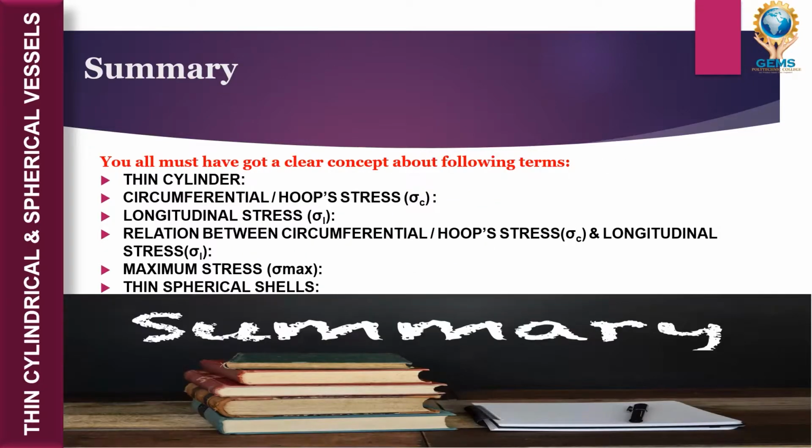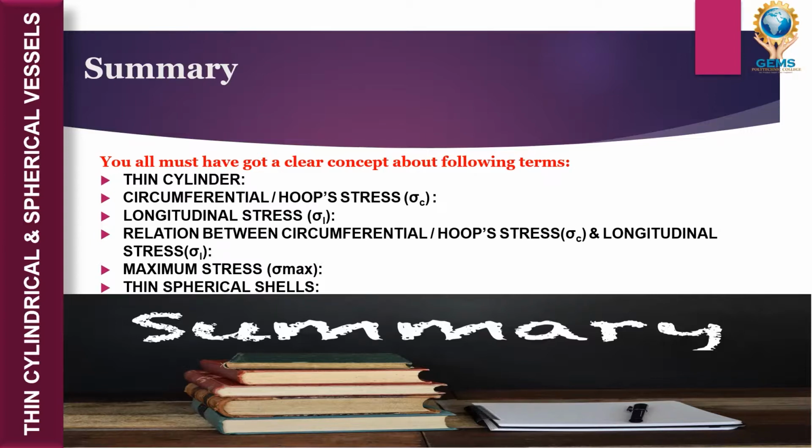Now we will see our summary, what we have learned throughout this lecture. First of all, what a thin cylinder is. Then we learned what circumferential or hoop stress is, then longitudinal stress, then the relation between circumferential stress and longitudinal stress, and finally maximum stress and thin spherical shell. What is a thin cylinder?